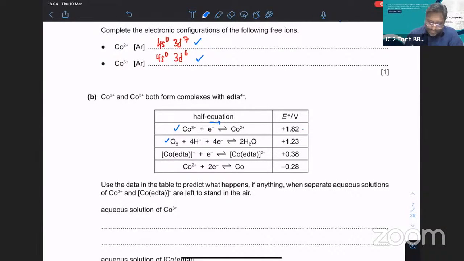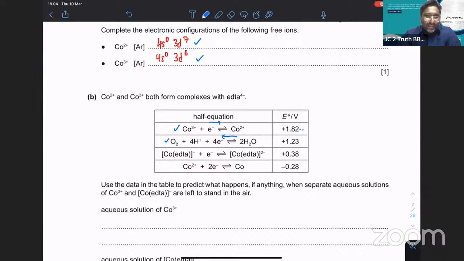We thought that oxygen is going to react, but because this is more positive, water is reacting. Actually, it makes sense, because if you leave it in air, air also contains water vapor. It doesn't mean that air must always be oxygen.